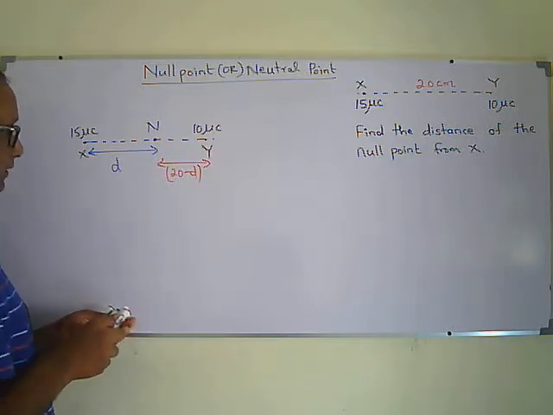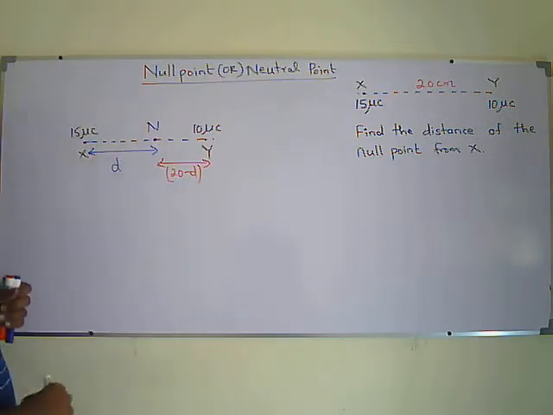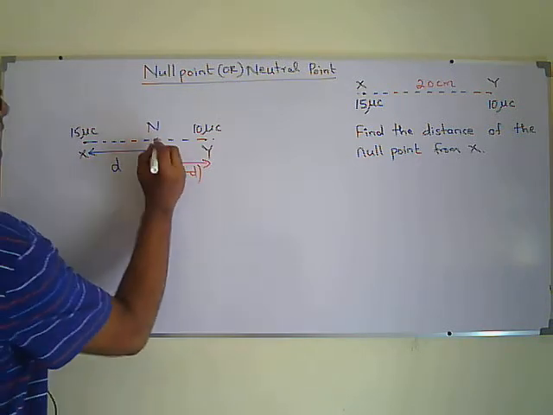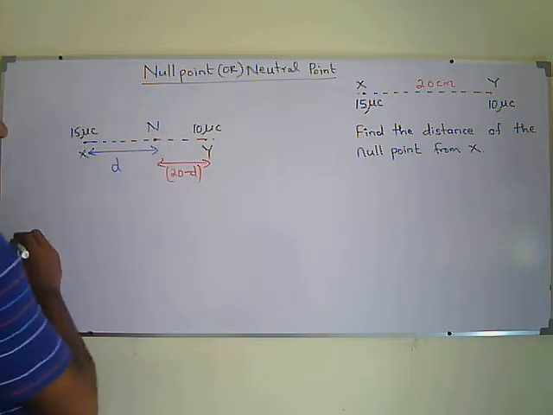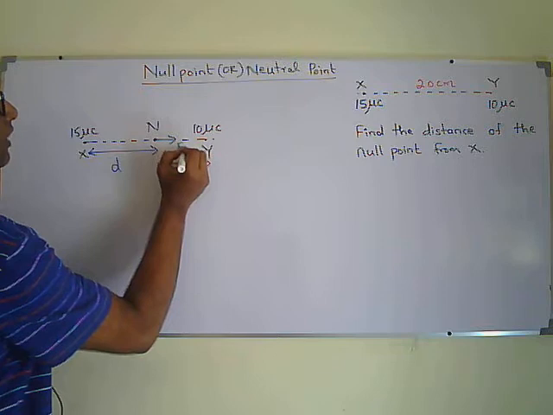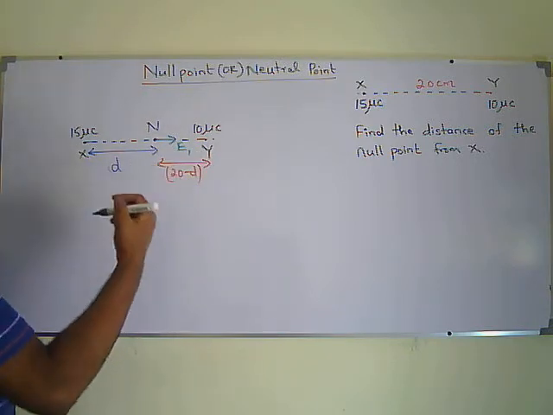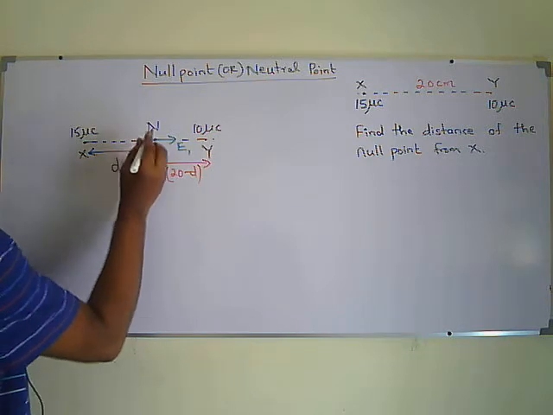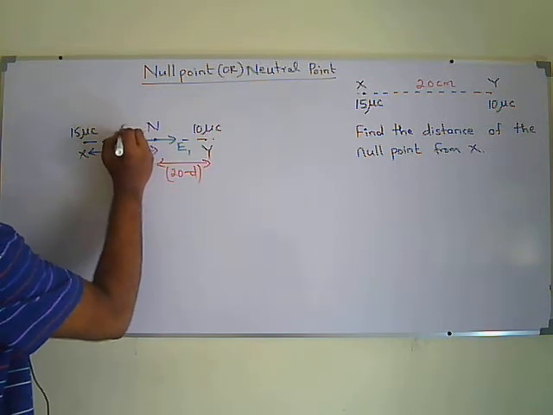Now we'll check: can N be a null point? Yes, it can be. Imagine if I keep a positive test charge, the 15 microcoulomb will repel it, so the electric field strength due to 15 microcoulomb at point N will be towards the right. Let it be E1. Same way, the electric field strength due to 10 microcoulomb at N will be towards the left, E2.